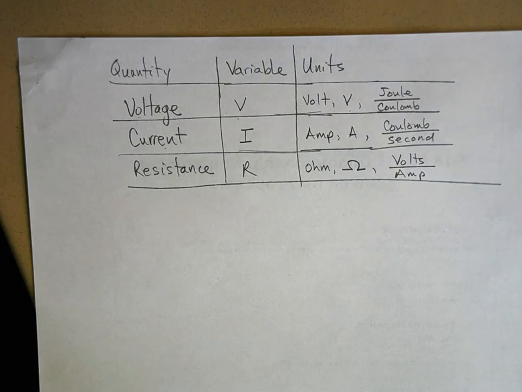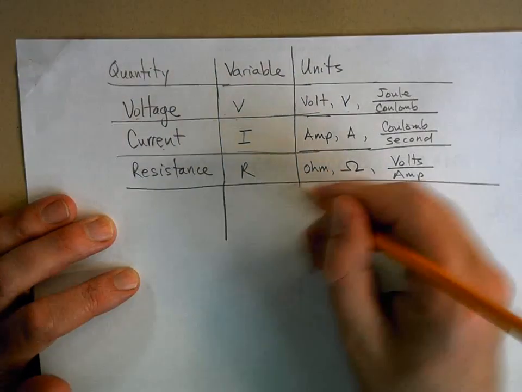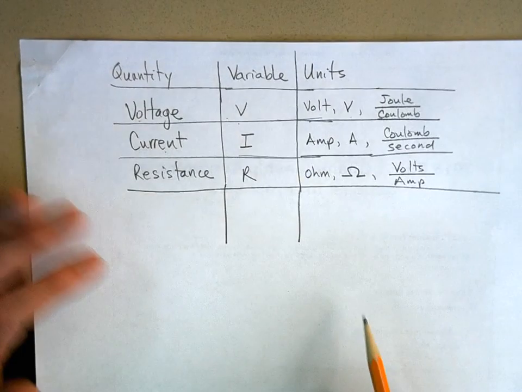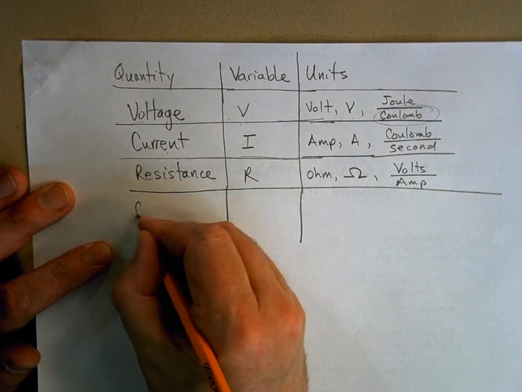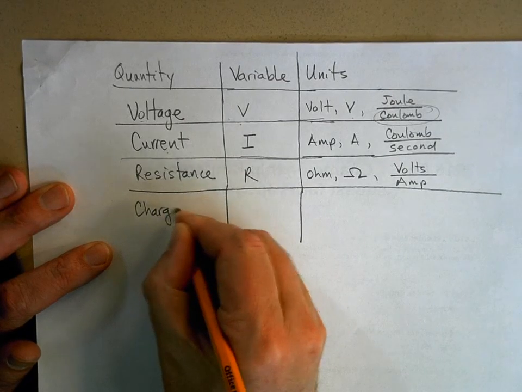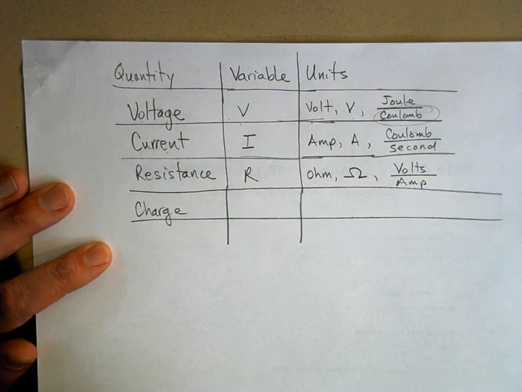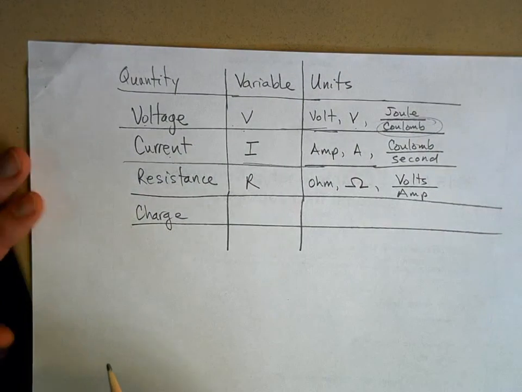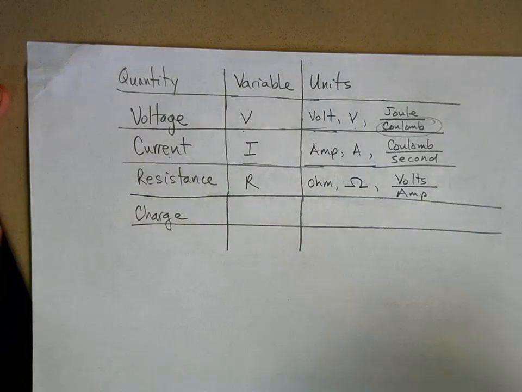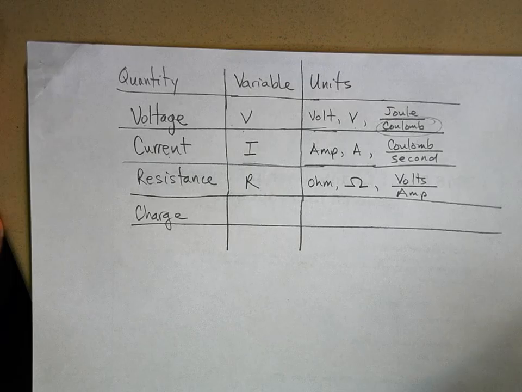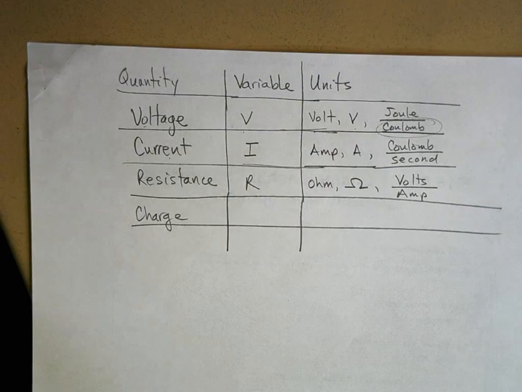Okay? Now there's a couple other quantities here that I want to add that we've talked about. Here's the one. I want to talk about charge. We do have a letter for charge that I didn't talk about before, but it's just a variable we use for charge. Now you would think you'd use the capital C for charge, but they don't.